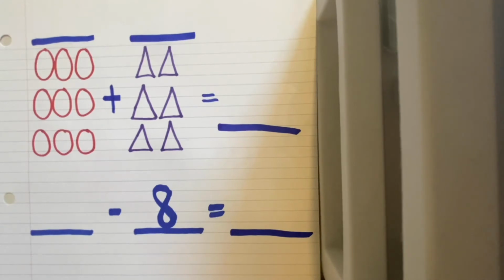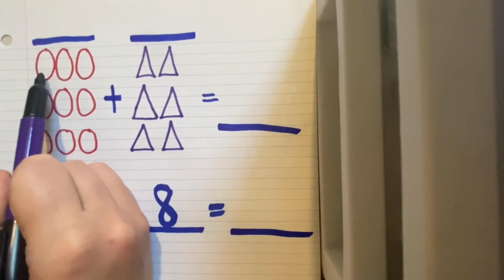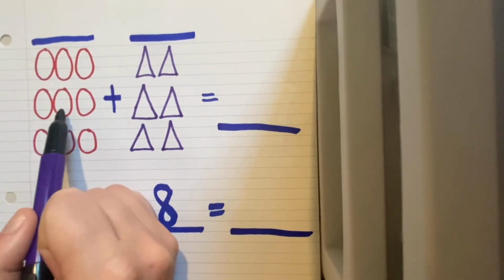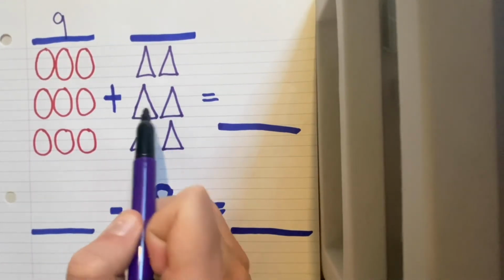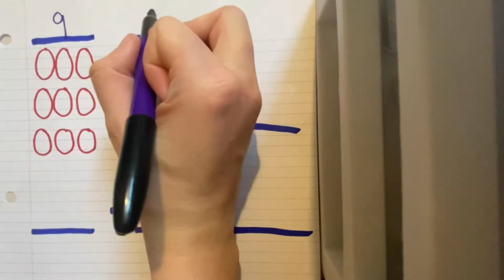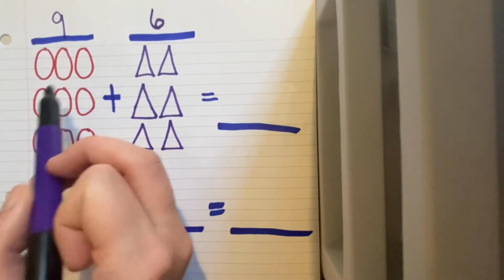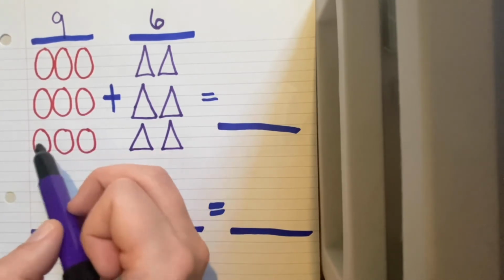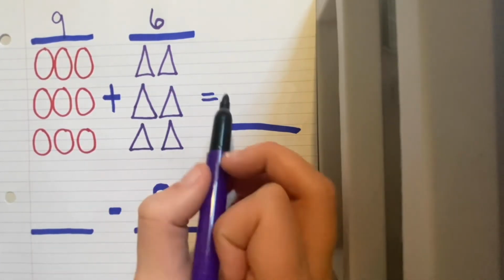Let's try one more together. You can see that we have circles and triangles. We have 1, 2, 3, 4, 5, 6, 7, 8, 9 circles. We have 1, 2, 3, 4, 5, 6 triangles. If we put that all together, we have 1, 2, 3, 4, 5, 6, 7, 8, 9, 10, 11, 12, 13, 14, 15.